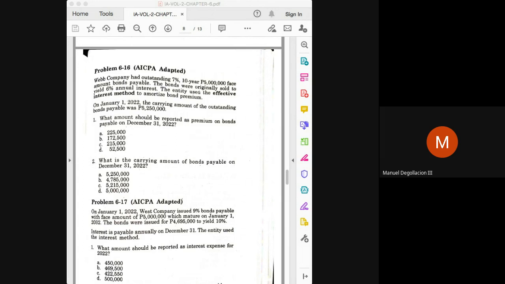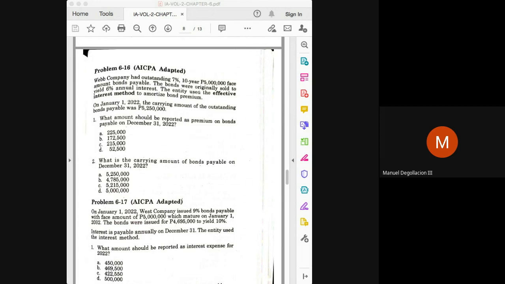Okay. So if the unamortized premium by the end of the second year is 200, how much then would be the carrying amount of the bond after the second year? It will simply be the face amount of 5 million plus the unamortized premium of 200,000. Okay. Alternative solution, the previous carrying amount. How much is our carrying amount at the start of the year? It is 5,225,000, and deduct the amortization for the year, 25,000.